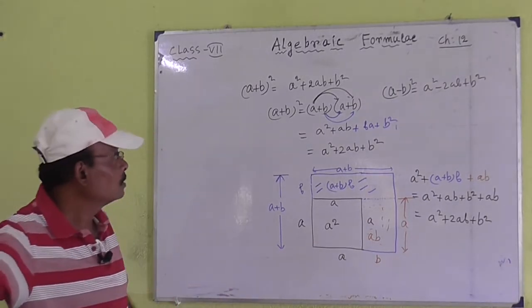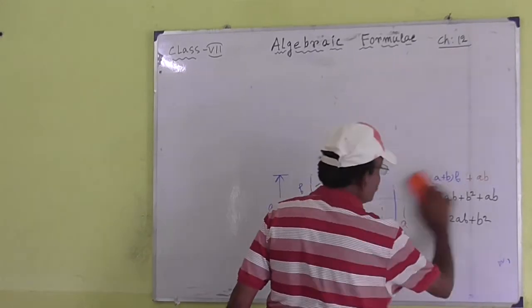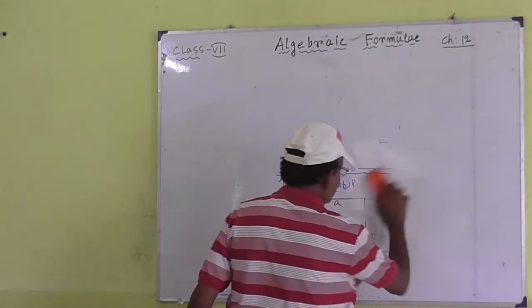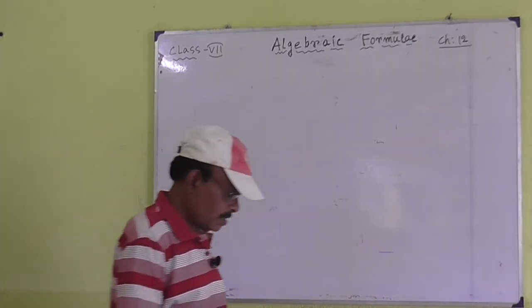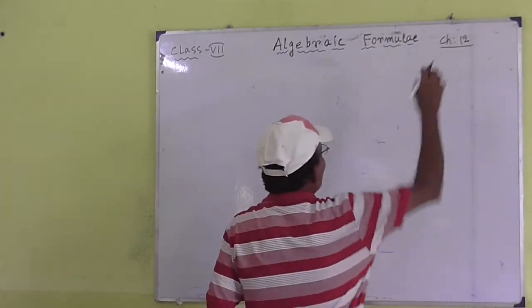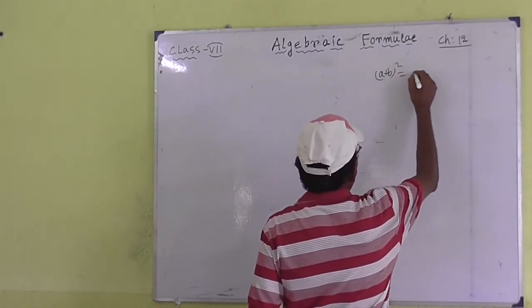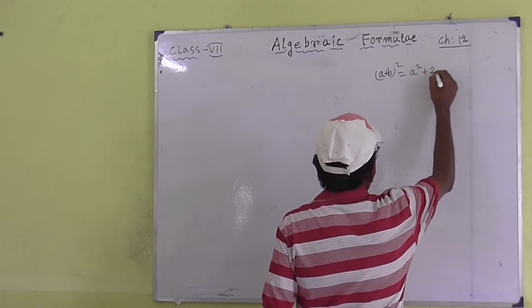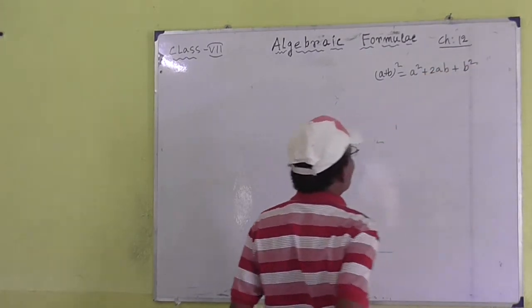Okay. Now, the list of the formulas: a plus b whole square equals a square plus 2ab plus b square.